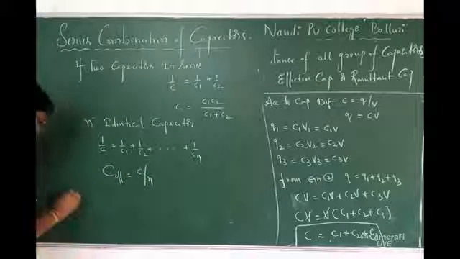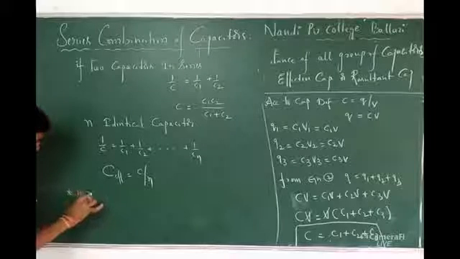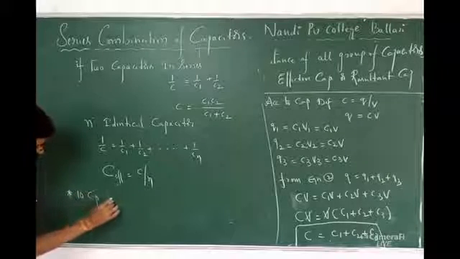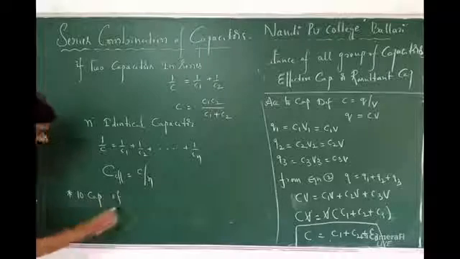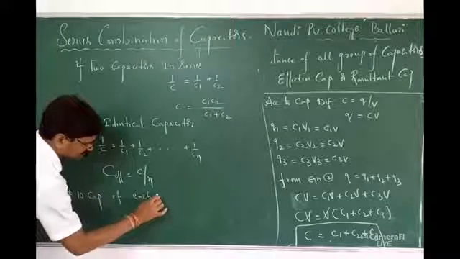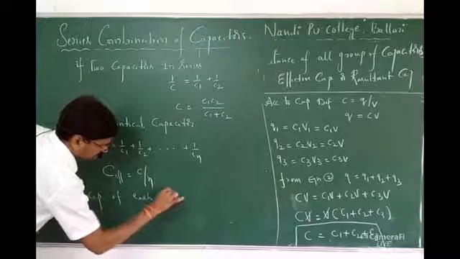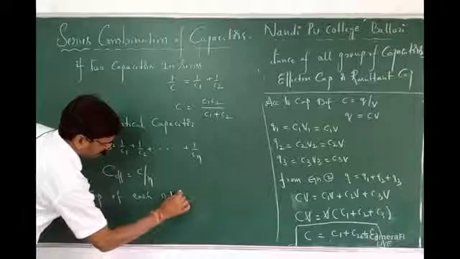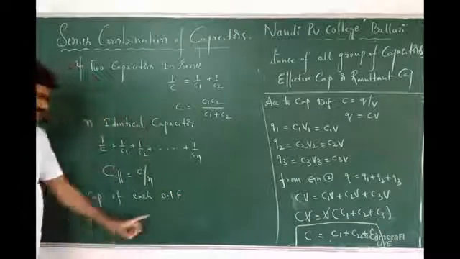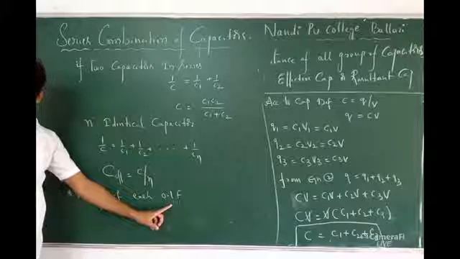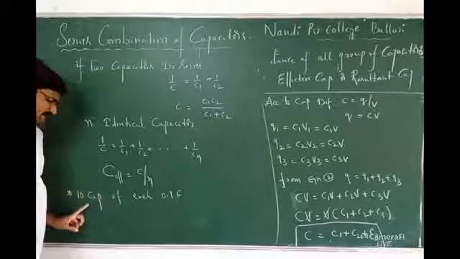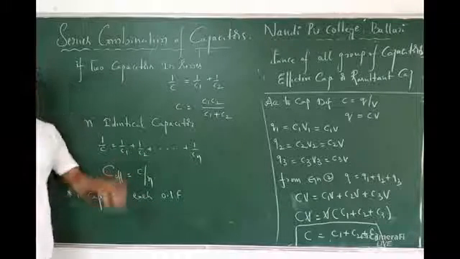That means, if I have 10 capacitors of each 0.1 farad, each capacitance is 0.1 farad and I have 10 capacitors. What is the effective capacitance?